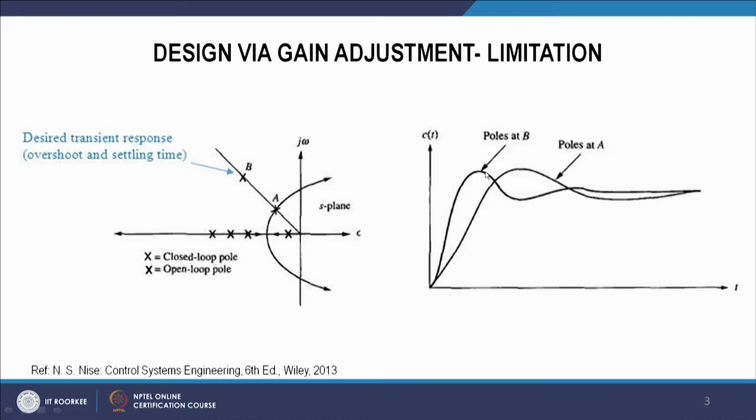But when we take the response corresponding to point B, we have less peak time and less settling time. So, we have a faster response, and this is our requirement.